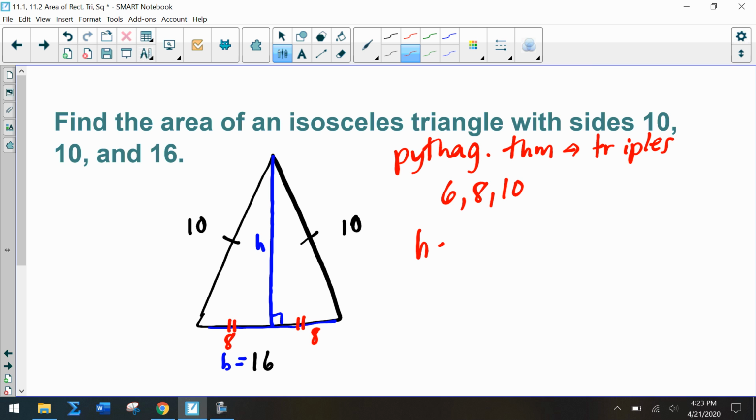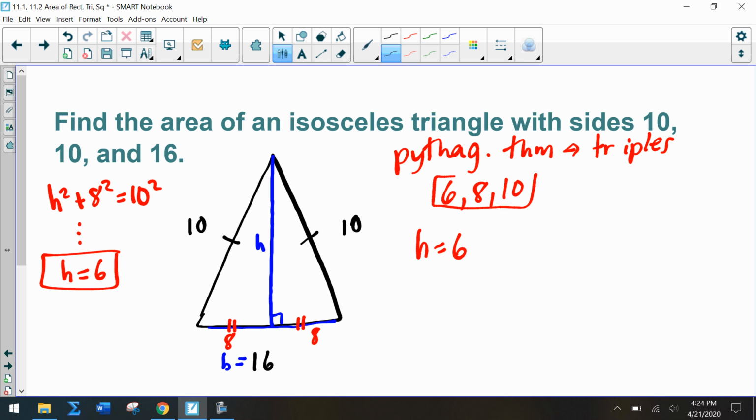So our height ends up being 6. Again, we can always use our Pythagorean theorem and say h squared plus 8 squared equals 10 squared, and then solve for h. But then you'll always get 6 because of this Pythagorean triple. So if that's the way you want to find it, that's okay. But make note that we have Pythagorean triples that will come up in this unit as well.